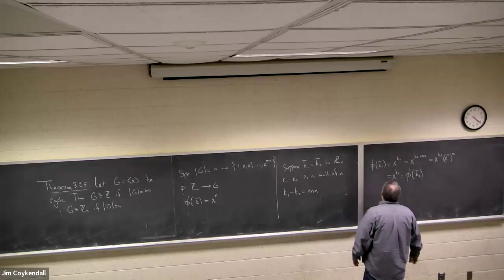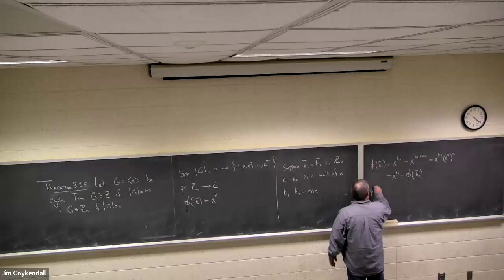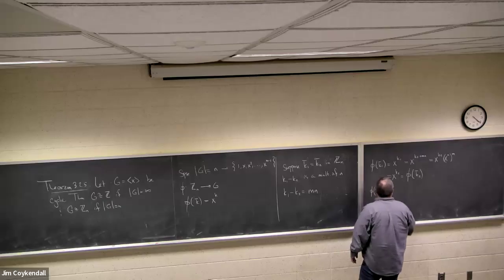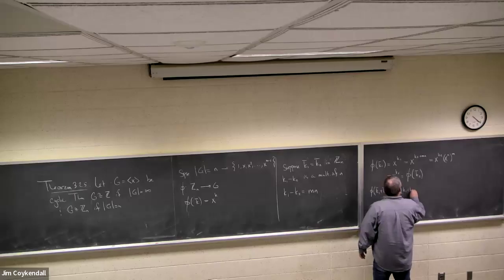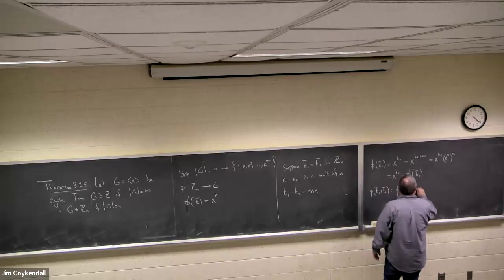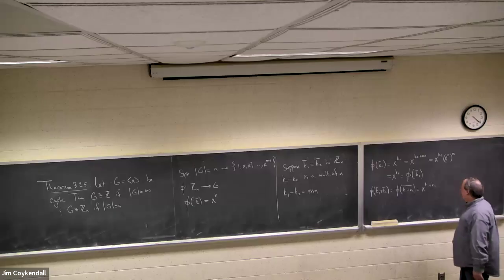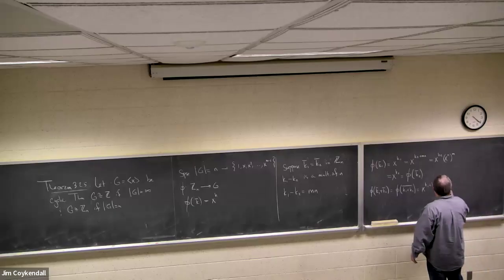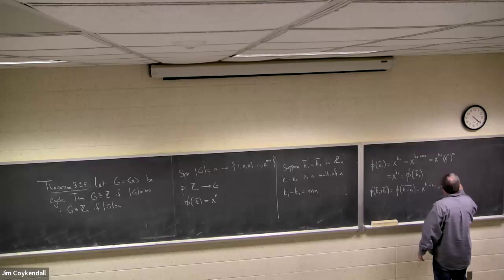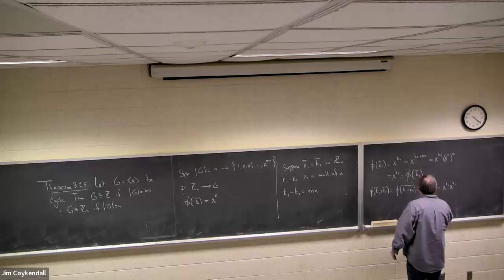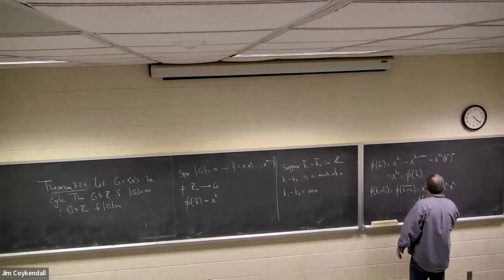From here, it's fairly easy to show that modular arithmetic allows me to write this as X to the K1 plus K2. We know this is well defined now. And this is X to K1 times X to K2, which is phi of K1 bar times phi of K2 bar.